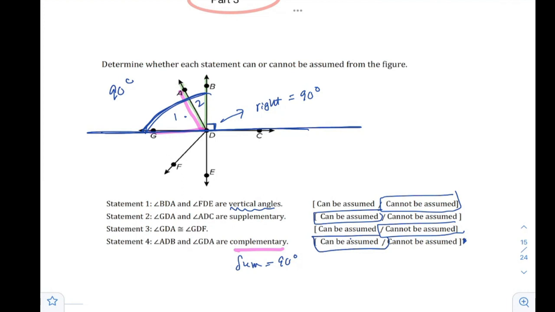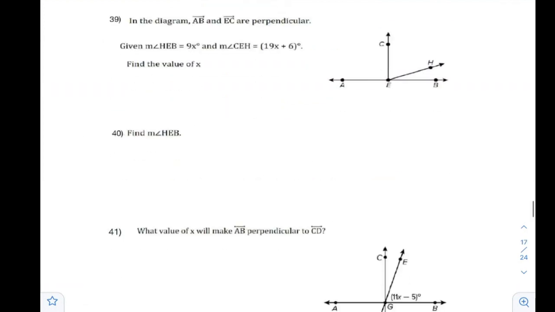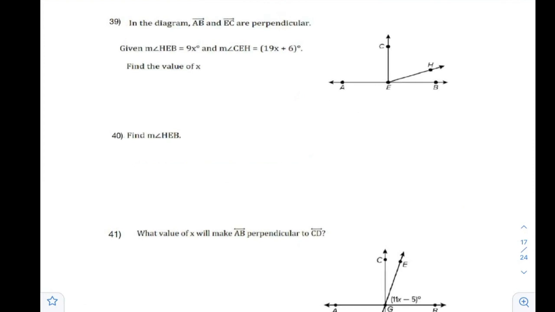So we should know when to assume and when not to assume. Okay, let's move now to the questions. In the diagram, AB and EC are perpendicular. What do we mean by perpendicular? Perpendicular means they are forming an angle equal in measure to 90 degrees.